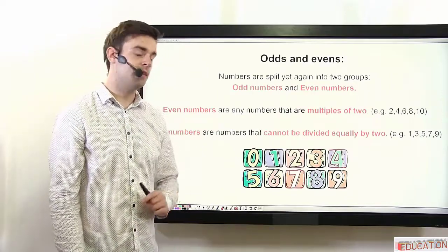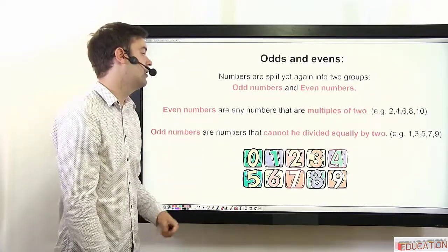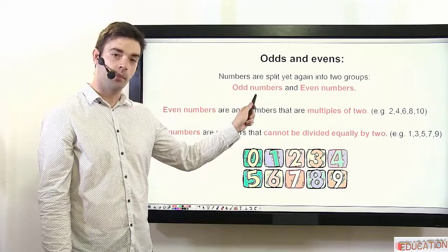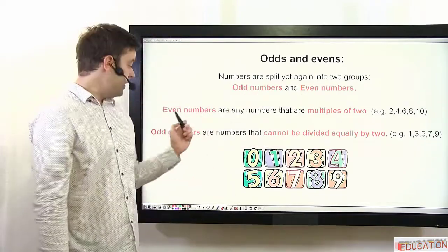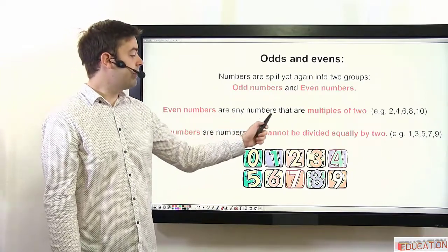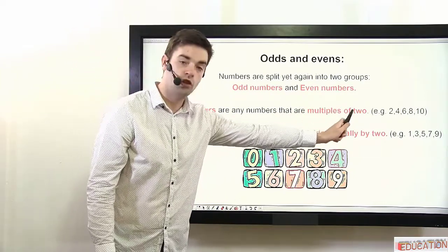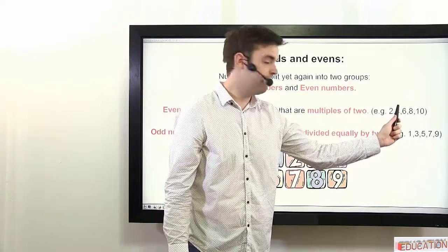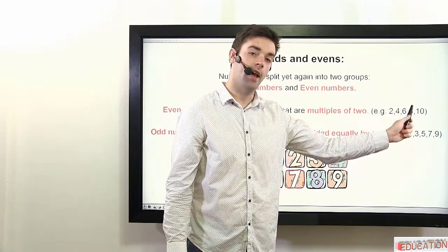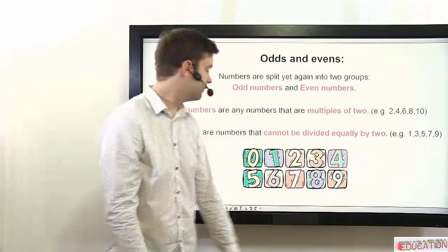Numbers are also split into 2 again. So we have odd numbers and even numbers. Even numbers are any numbers that are multiples of 2. So, for example, 2, 4, 6, 8, and 10.